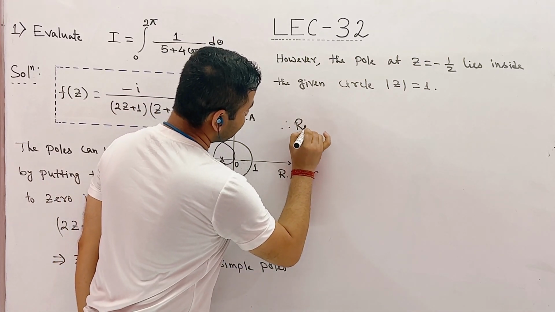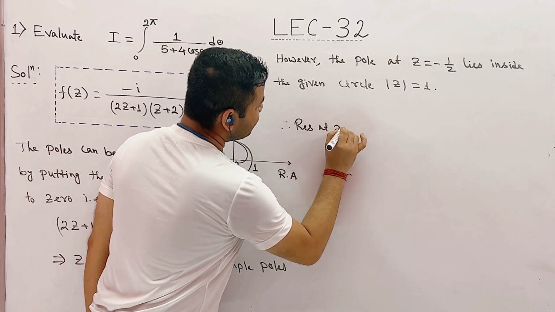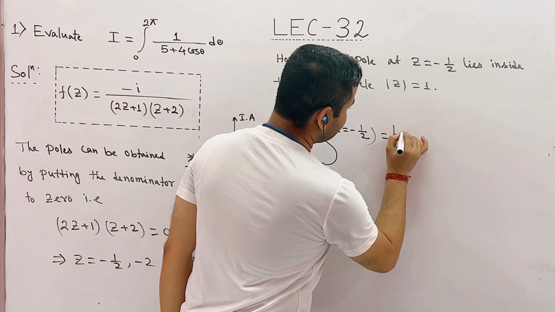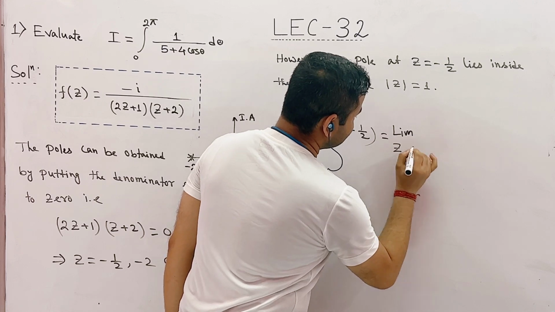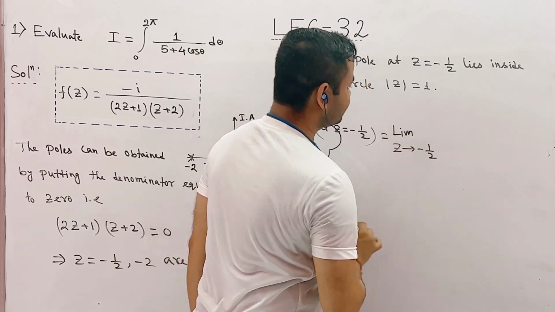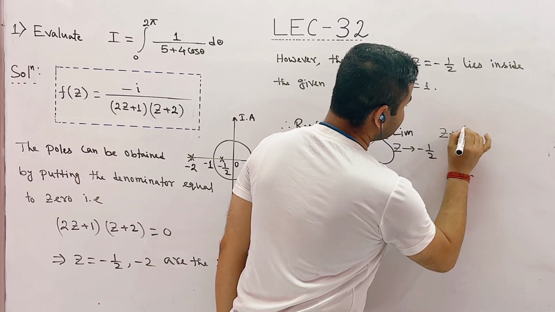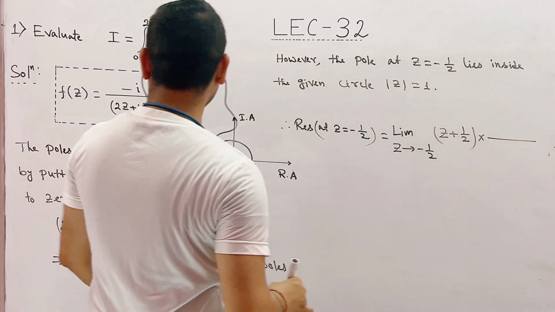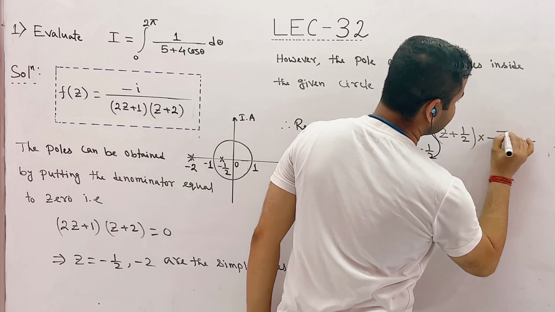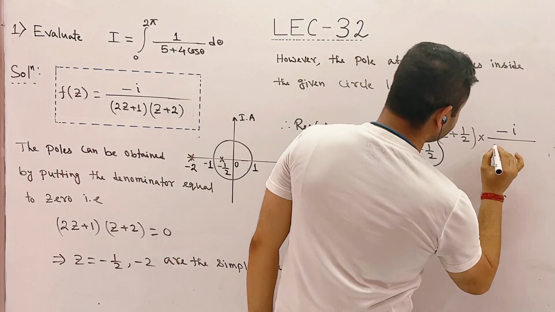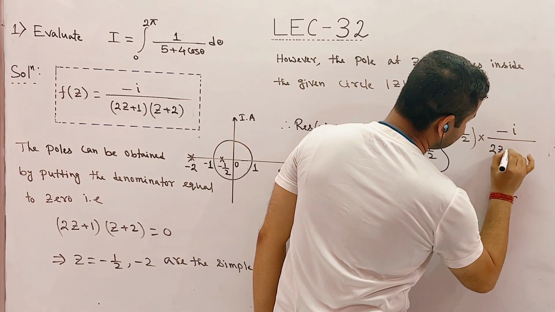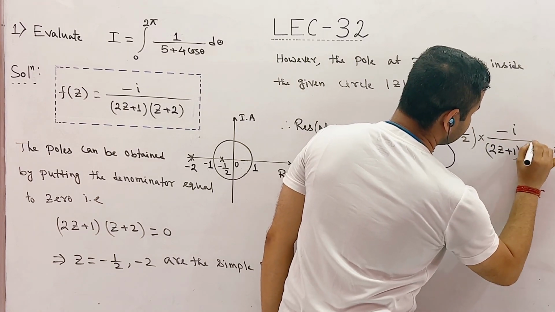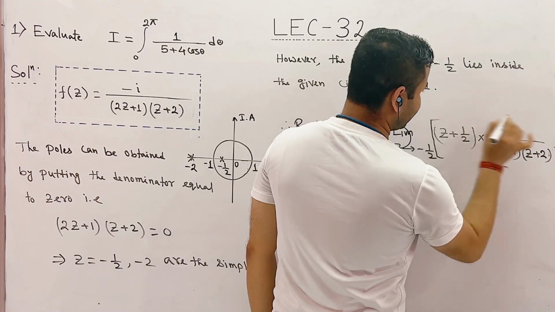So, therefore, residue at z equal to minus half is given by limit z tends to minus half of (z + 1/2) into f(z). Here f(z) is minus i divided by (2z + 1)(z + 2), bracket close.